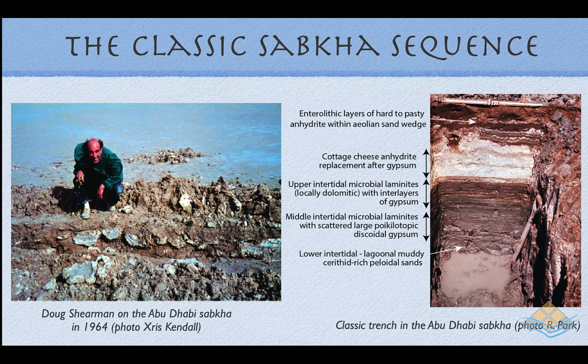Now, the evaporites in a sabkha succession are at a maximum in the zone immediately above the water table. The water table position here is defined by that red line. Above the water table, we have anhydrite accumulating. Below the water table, we have gypsum accumulating.